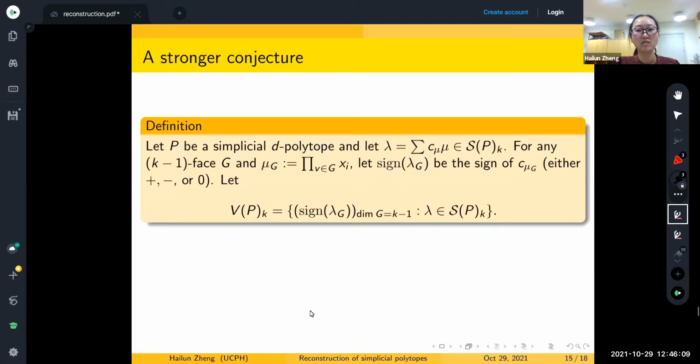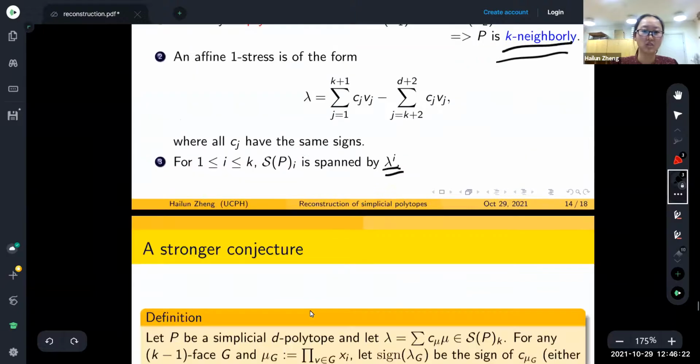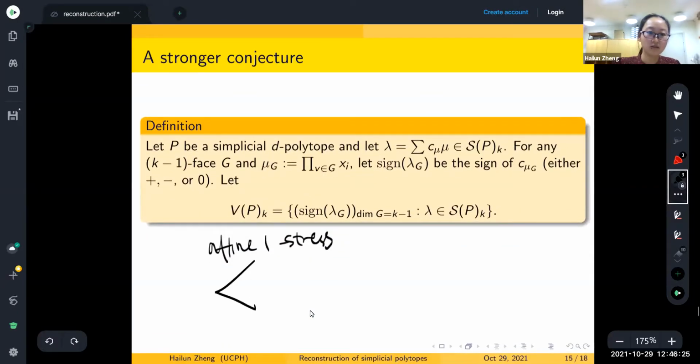So now I want to define a sign vector, okay? Let's say that I have lambda, which is, say, an affine stress. And in my example, maybe I should draw it again. So this is my polytope, right? Okay, and 1, 2, 3, 4, and 5.